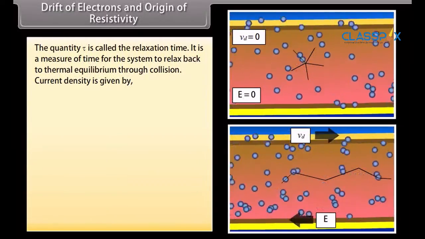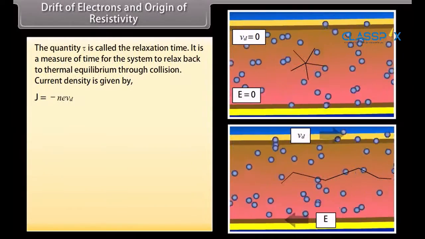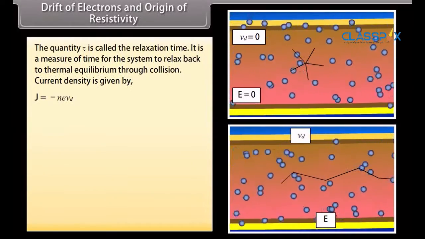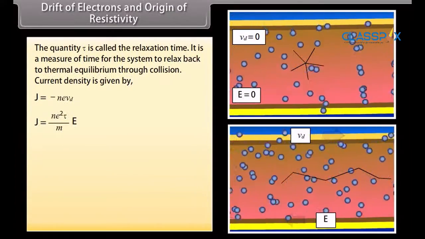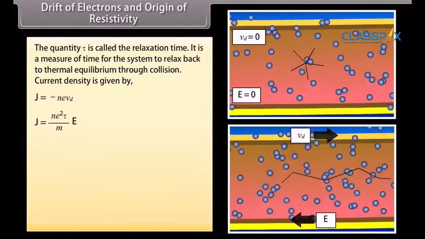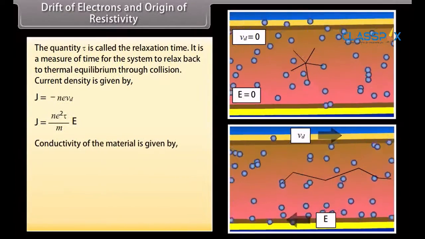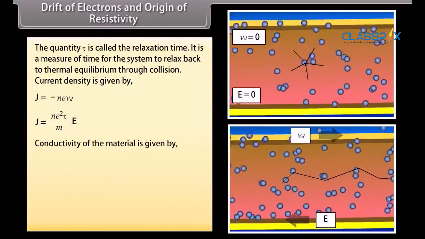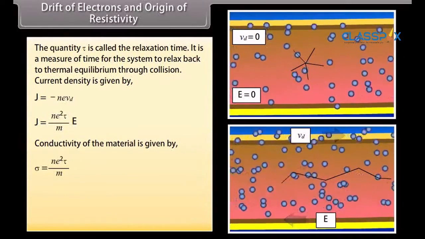Current density is given by J is equal to minus n e Vd. Putting the value of Vd in the above equation, we get J is equal to n e square tau upon m multiplied by E. Hence, conductivity of the material is given by sigma is equal to n e square tau upon m.